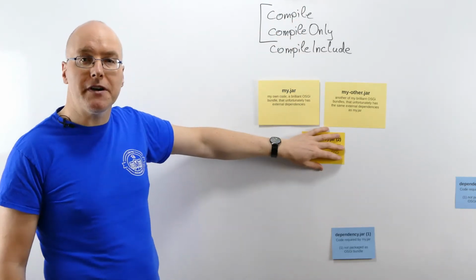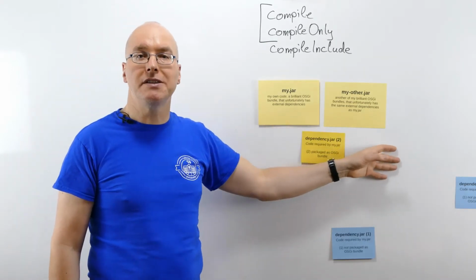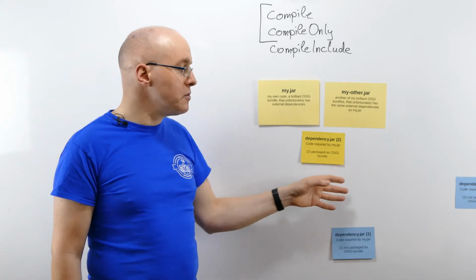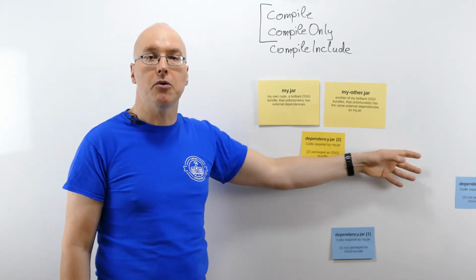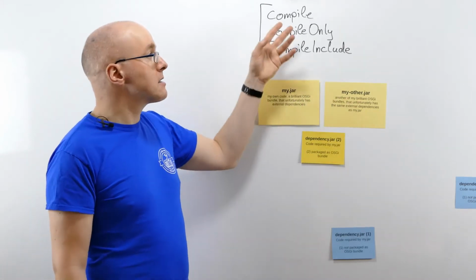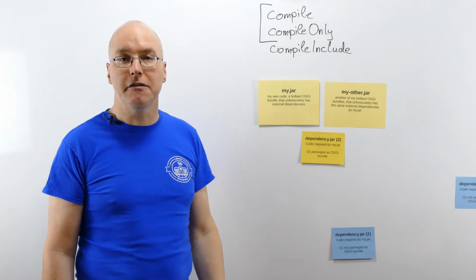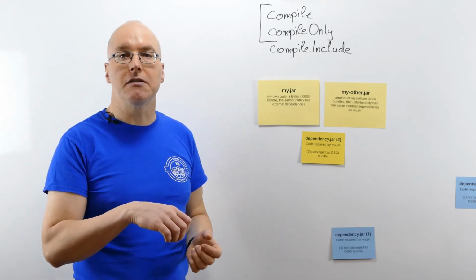Because I have simplified this dependency to be just a single dependency. It doesn't have any transitive dependencies. As soon as you have dependencies that require more and more plugins or more and more code, then yes, compile and compile only will make a difference, but that's not the focus of this particular chapter.